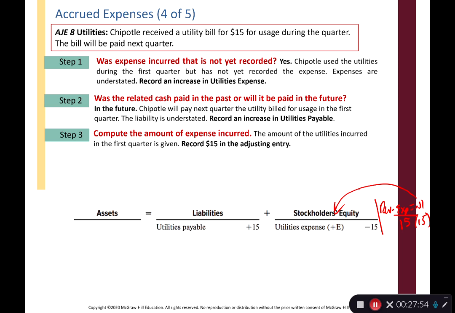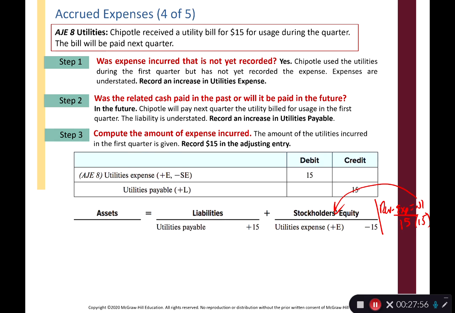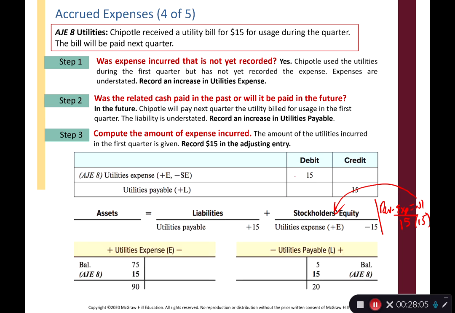To convert that to debits and credits, expenses go up with debits, liabilities go up with credits, just like the other accrued expense examples that we've done. And then we finally post it to adjust the balances, so our expense goes up by the extra $15 from that final bill we received, and then our liability goes up by the $15 because we owe an additional $15 to pay off that amount we've used up.